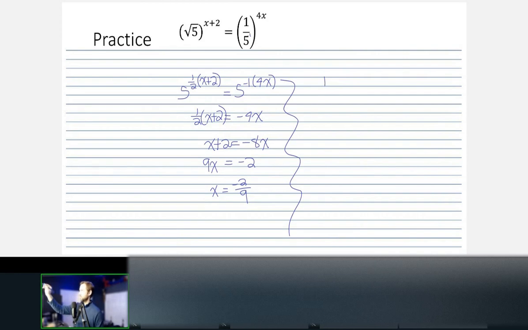We get 1/2 x plus 1 equals negative 1 times 4x, which is negative 4x. Then I'm going to add 4x to both sides and then subtract 1. So 1/2 plus 4x. So 1/2 plus 4 is 5/2.